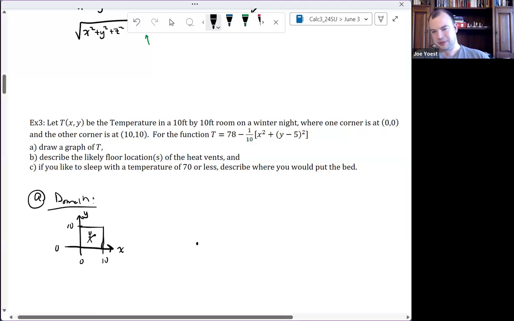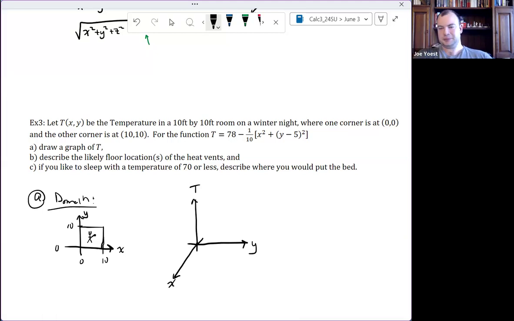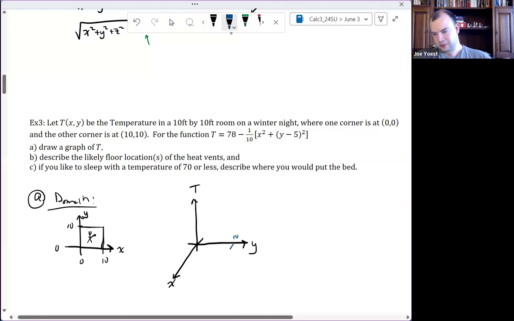Okay, so I'm actually going to draw my axes kind of like we've been drawing them. X, Y, and T in this case. So things have flipped around just a little bit. I know that my domain, maybe I'll draw it in blue, is this 10 by 10 box.